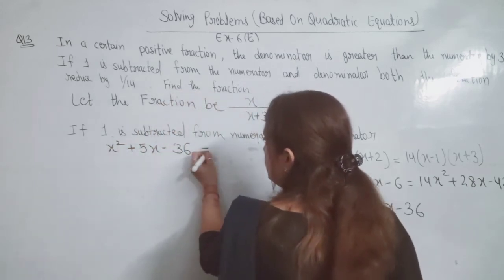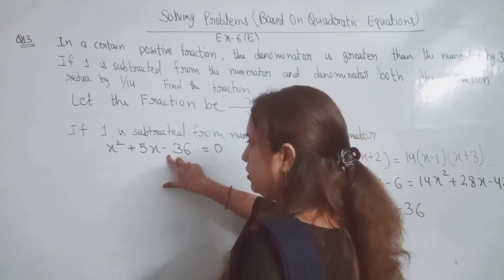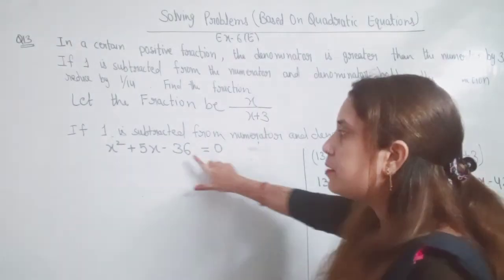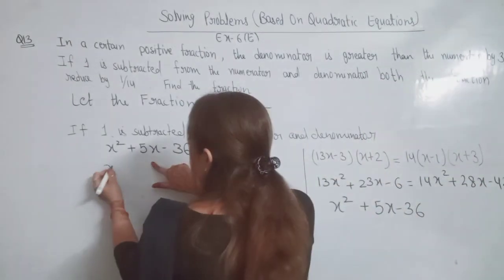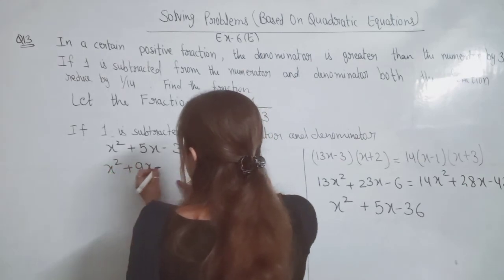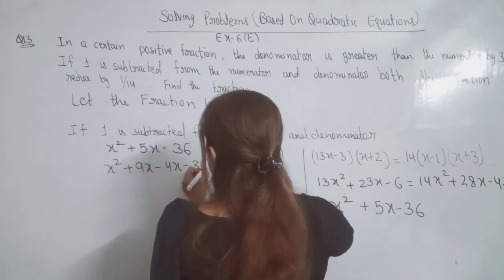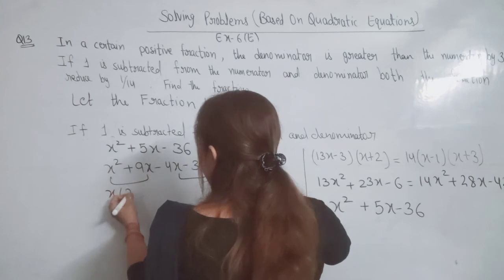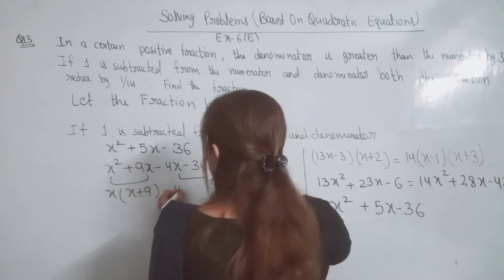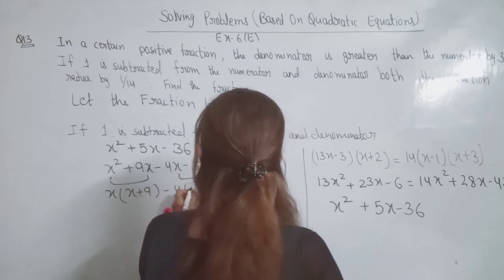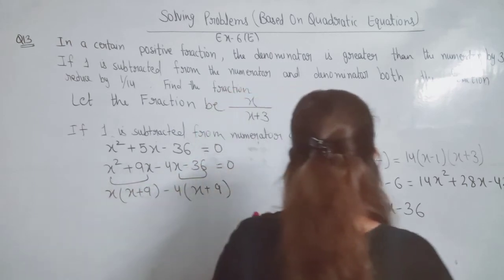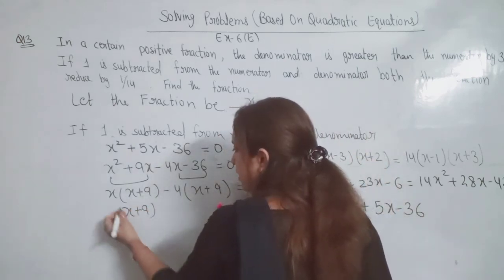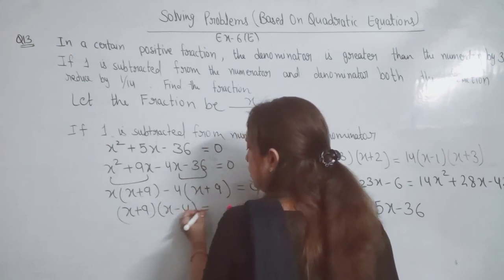Two factors of 36 which, when we do subtraction, come to 5: 9 into 4 is 36 and 9 minus 4 is 5. x square plus 9x minus 4x minus 36 is equal to 0. Make the pairs, take the common. So the two factors are x plus 9 and x minus 4 is equal to 0.